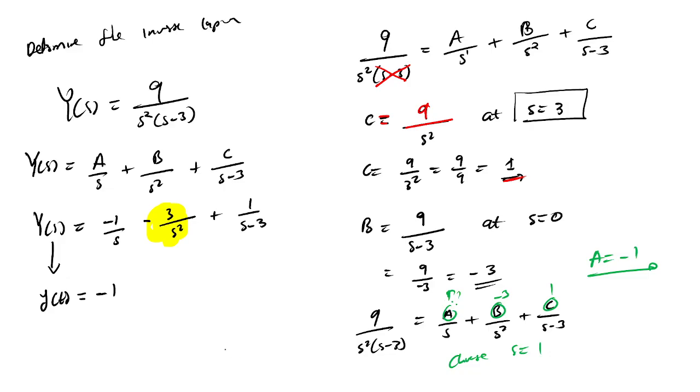What does rule 2 say? t to the power of n has the transform n factorial over s to the power of n plus 1. So we're trying to get the inverse. How are we going to get to the inverse? We need to identify n. n is 1. Do you agree? Yes, sir.